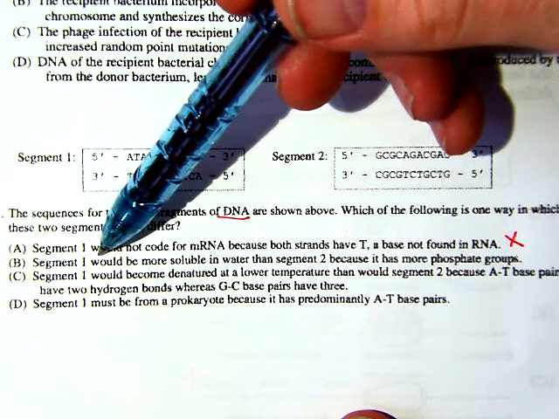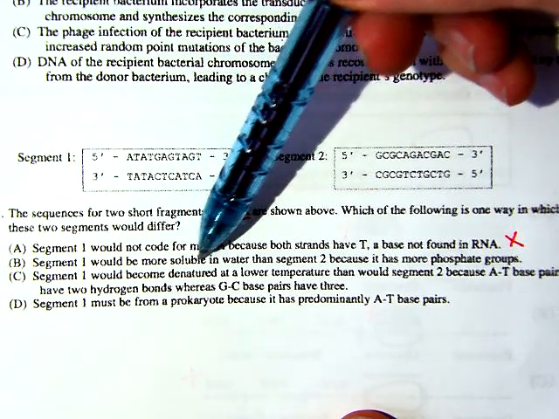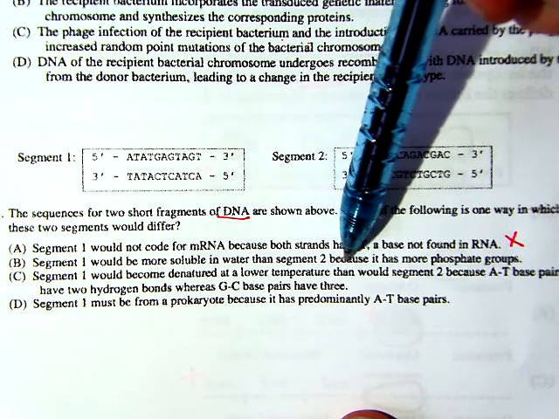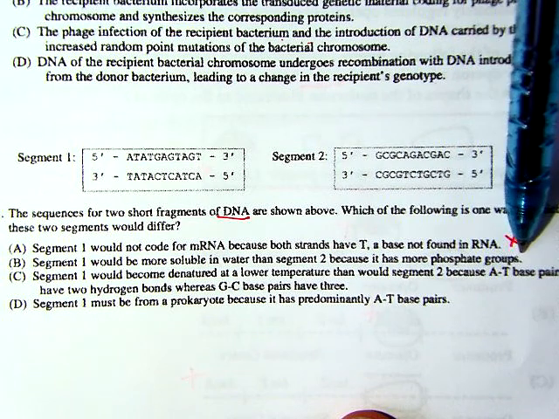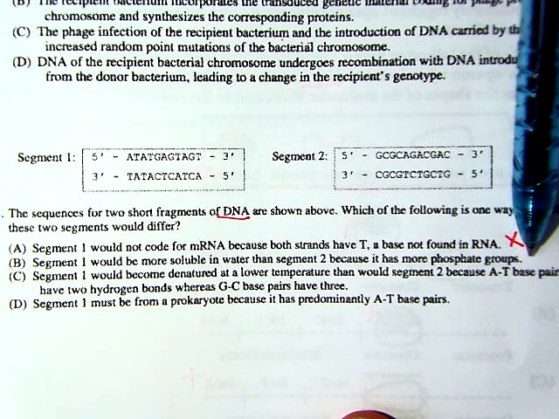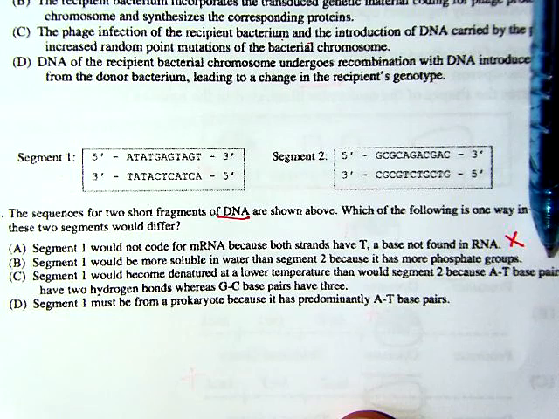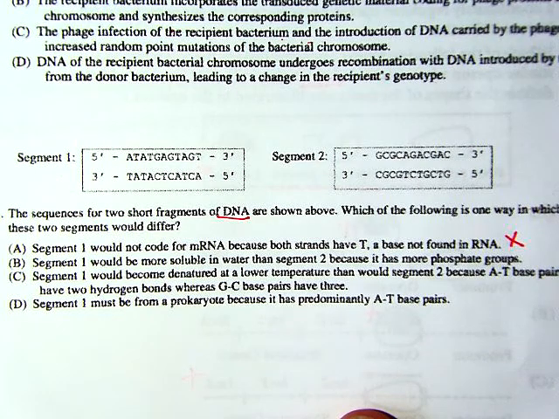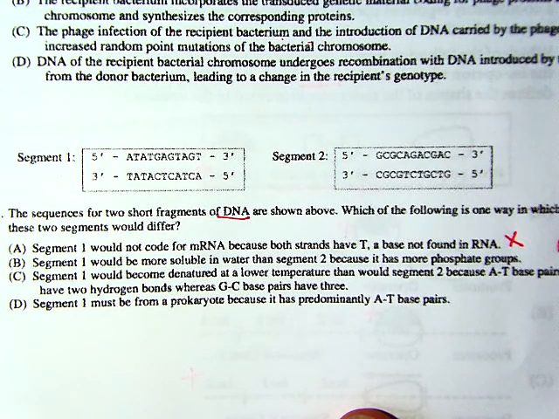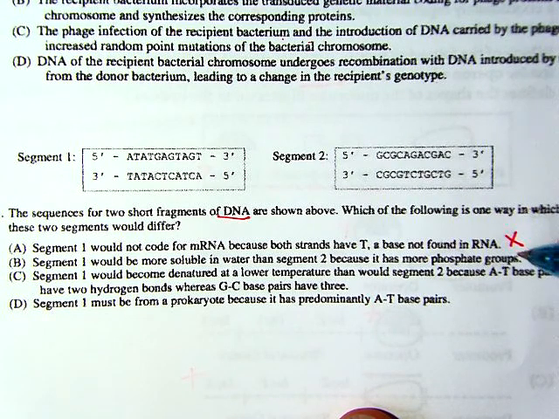B: segment 1 would be more soluble in water than segment 2 because it has more phosphate groups. Remember, phosphate groups are found on all of the nucleotides. It's part of the molecule, right? Phosphate group, the 5-carbon sugar, and the nitrogen base. So they all have that. So that is an invalid statement as well.